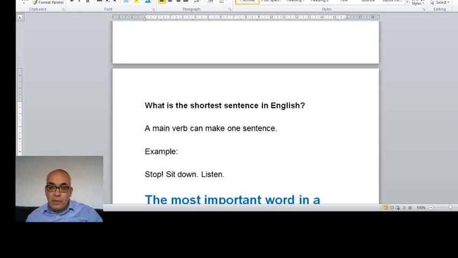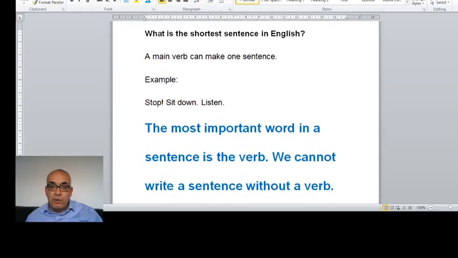So what do we learn from this? I put it in blue for you. The most important word in a sentence is the verb. We cannot write a sentence without a verb. You need a verb.